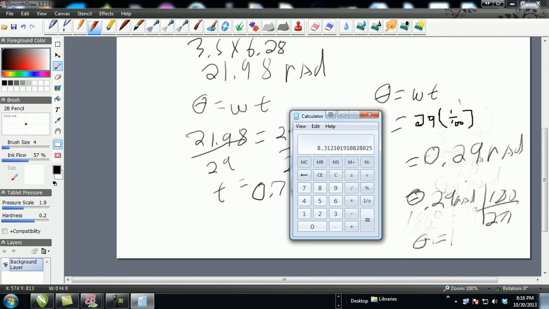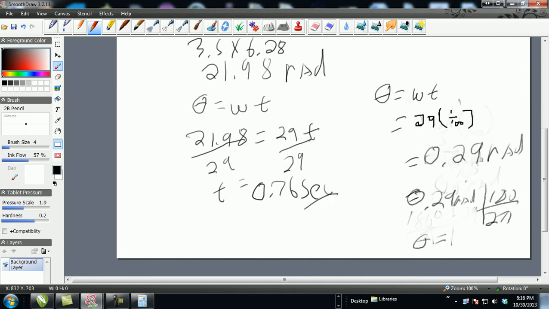Okay, remember, that's wrong. I just made a mistake. That really should be 0.29 times 180 divided by 3.14. One pi, not 2 pi on the bottom. Aha, so that should be 16.6.